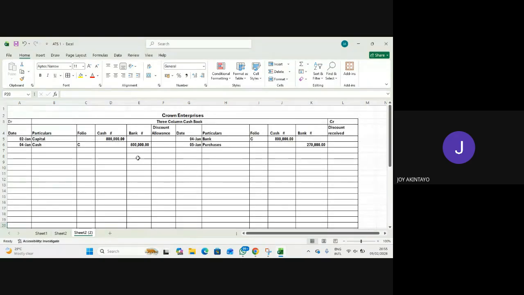As you are posting, just know that your assignment will be you prepare for me the corresponding entries of every recording we have on the three column cash book. Do you understand?